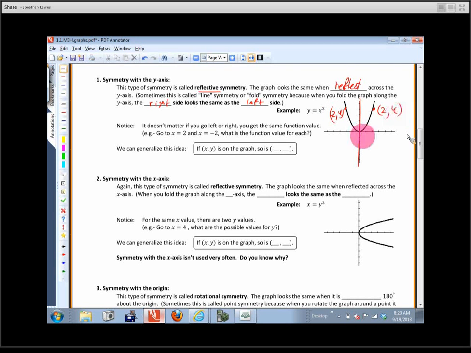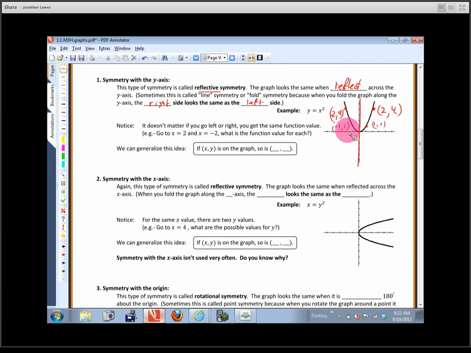Even though I went to the left instead of the right, I got the same y value. If I go over 1 unit, I go up 1 unit, because that would be 1 squared. If I go back 1 unit, I go up 1 unit, because that would be negative 1 squared. It doesn't matter whether I go to the left or the right, I get exactly the same function value.